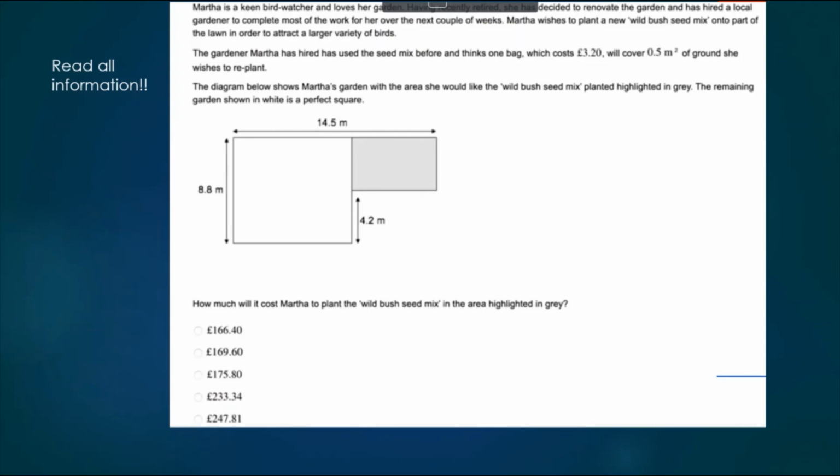So what a lot of people would do is they would just go straight onto the question. They would just say, oh, how much will it cost Martha to plant the wild bush seed mix in the area highlighted in grey? Well, this is the grey area, and you can be here all day trying to figure out what is the area of the grey, and you will not be able to work it out because you can work out the length.